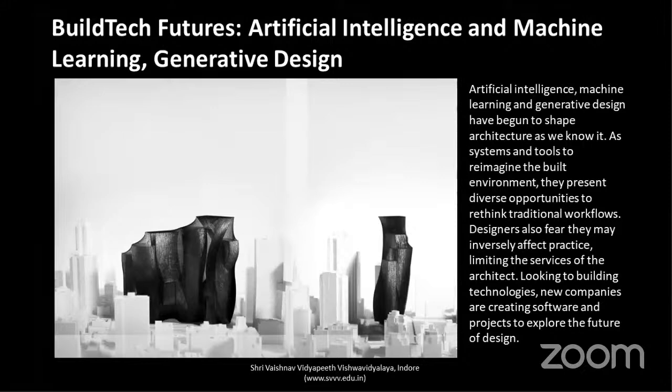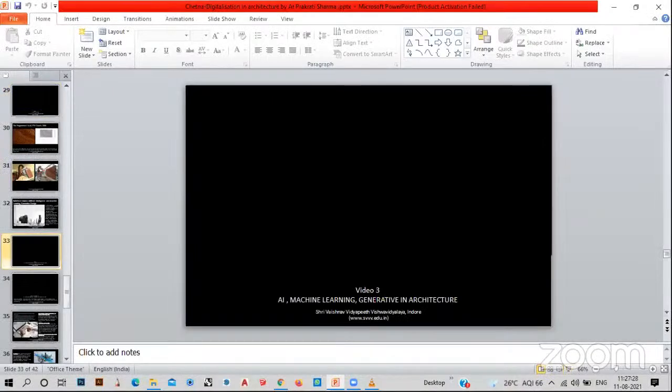As systems and tools to reimagine the built environment, they present diverse opportunities to rethink traditional workflows. Designers also fear they may adversely affect practice by limiting the service of architects. So, looking into building technologies, new companies are creating software and projects to explore the future of design. So this is AI, that is machine learning and generative algorithms.